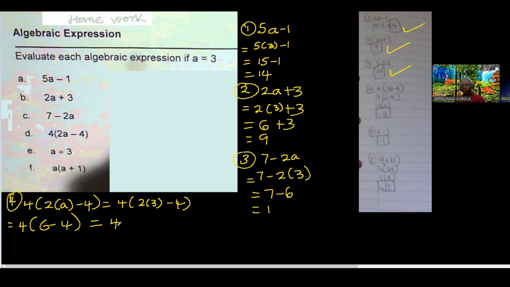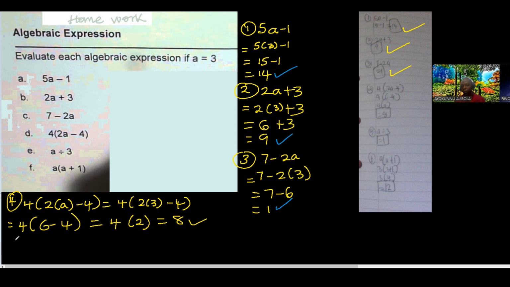Then finally 4 into 6 minus 4 is 2, and that gives us 8. So you can see whenever we're evaluating, we are always getting numbers 14, 9, 1, 8, and so on as our answers. So that is different from simplifying algebraic expressions.